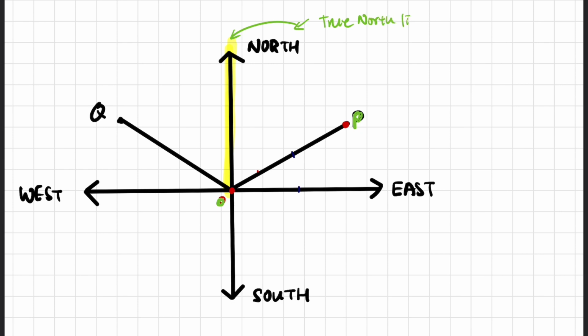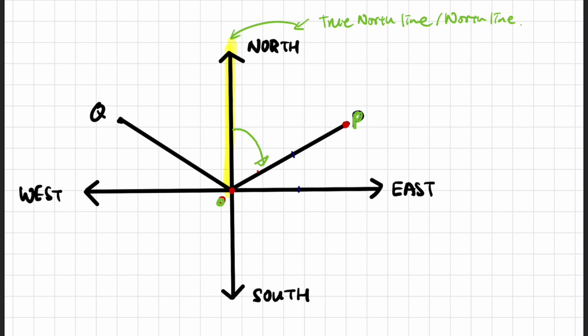You can also just call it the north line. Then there's the line created by joining the center of the compass at the origin with the point P. If you find the angle between these two lines, that is your bearing.